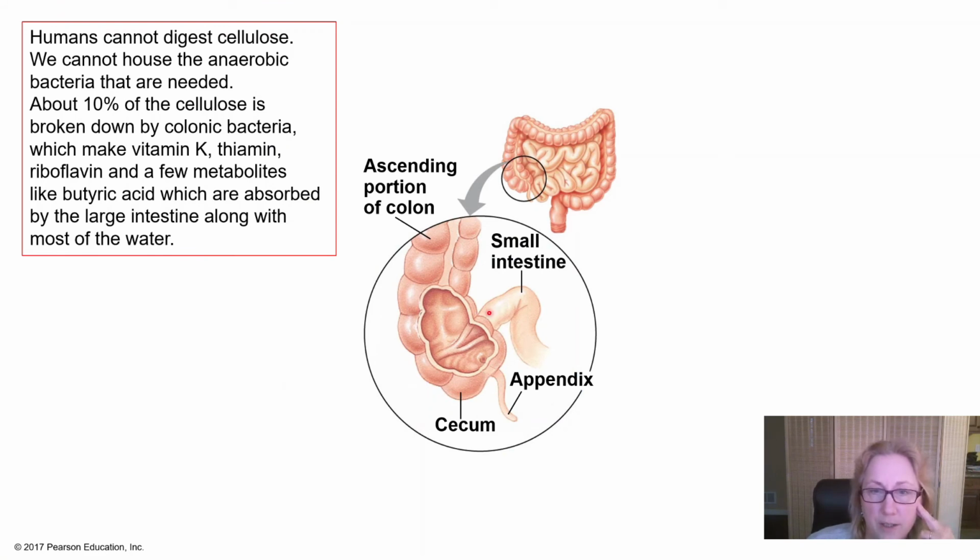So here's the human small intestine and the beginning of the colon. There's a little blind pocket here, which is what we call the cecum still in humans, although it doesn't house any anaerobic bacteria that can break down cellulose. And then we have this little hollow finger called the appendix.